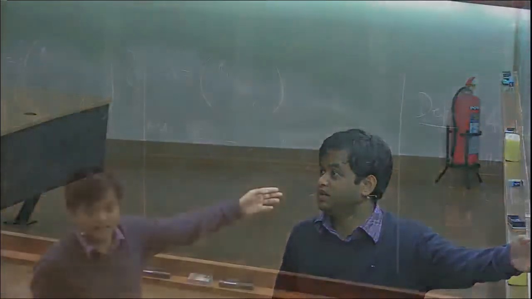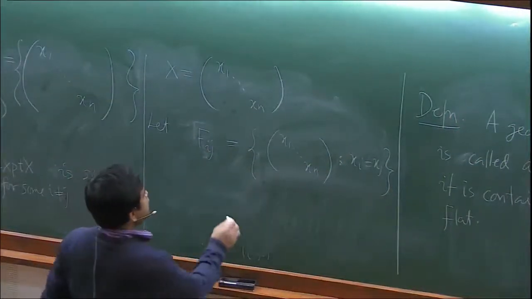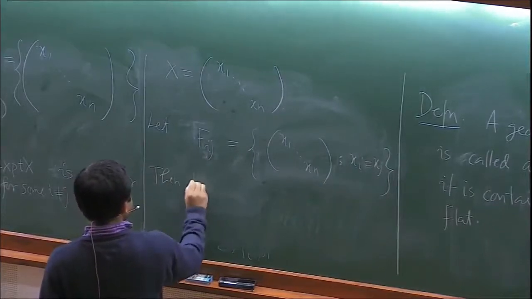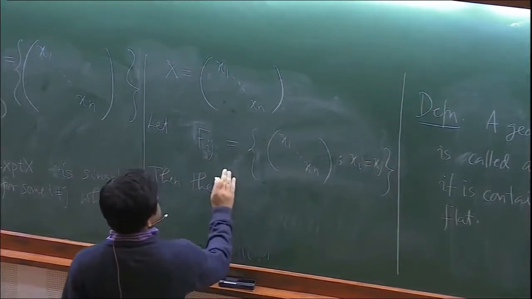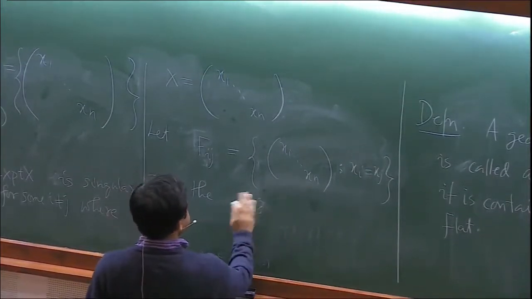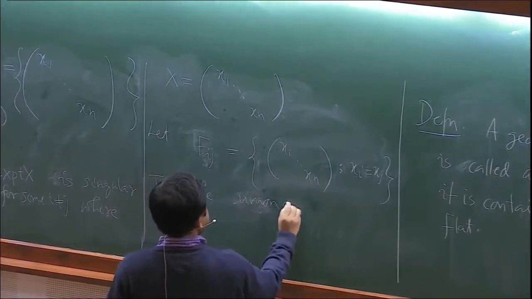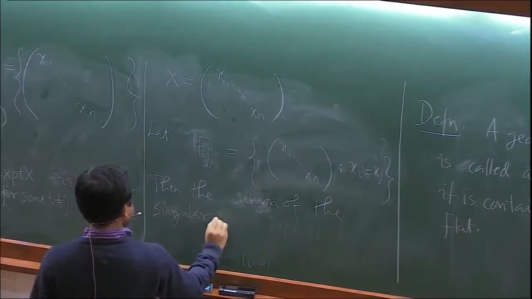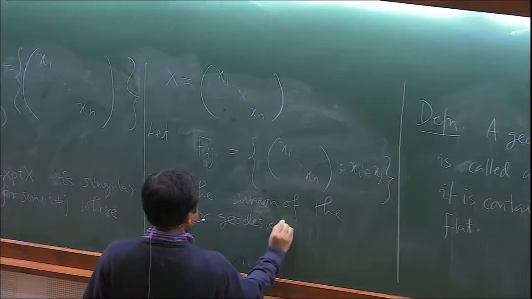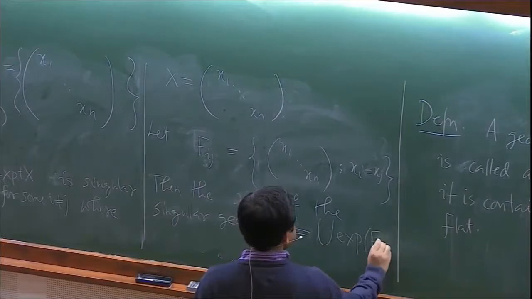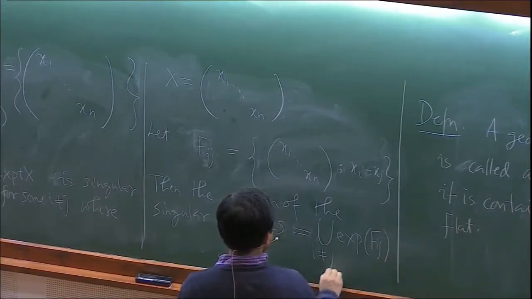This is an n-dimensional vector space, and this is a hyperplane inside that. We define it for i not equal to j. Then the union of the singular geodesics is simply the union of all these exponential F_ij, where i is not equal to j.